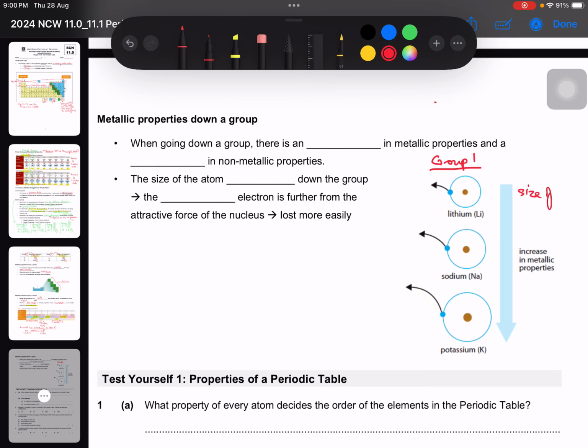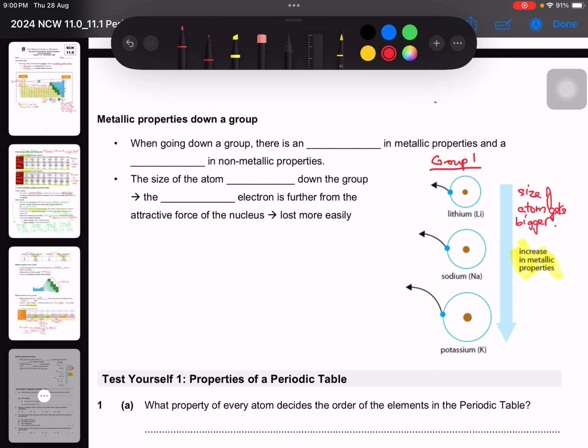Size of atom gets bigger as you go down the group. And also, because of that, there's an increase in metallic property. So that's what we're going to explain.